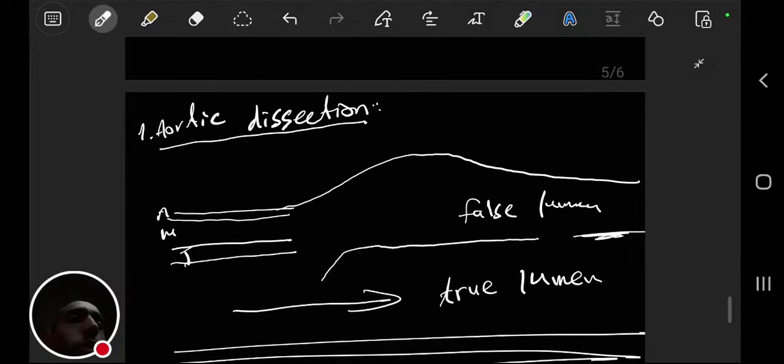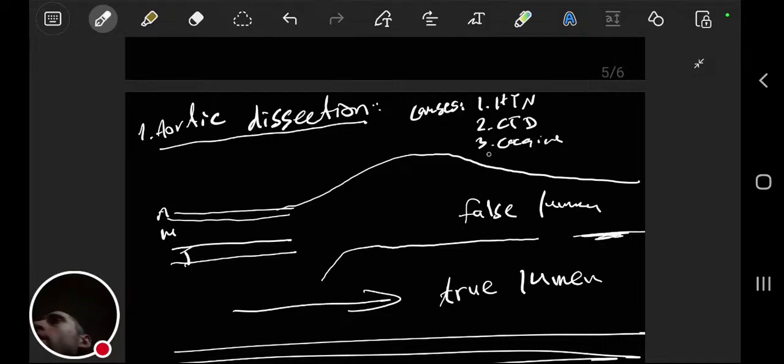So let's talk about causes first. Causes for aortic dissection: hypertension, which is number one in prevalence as the cause of aortic dissection. And we have other risk factors besides hypertension: connective tissue disease like Marfan syndrome, drugs like cocaine, and what else?